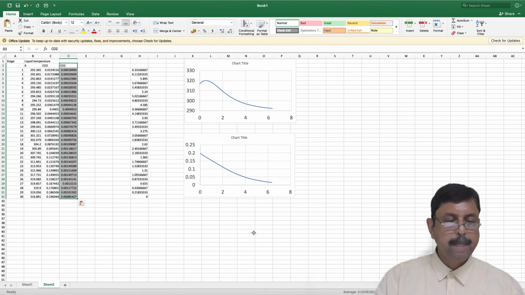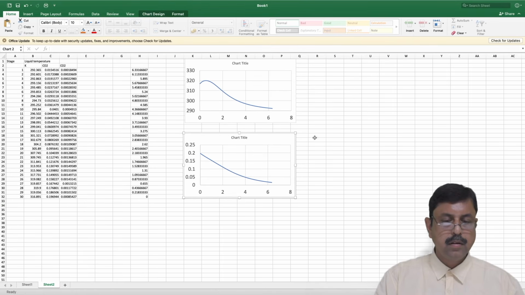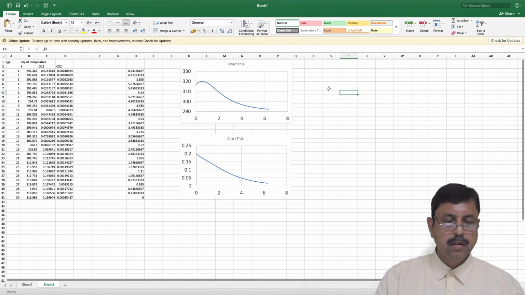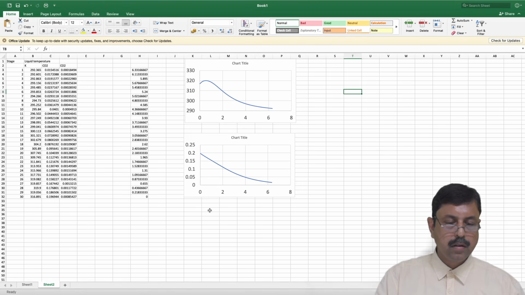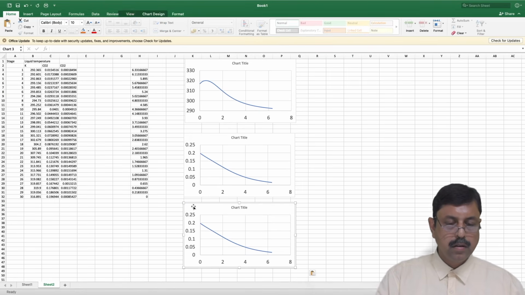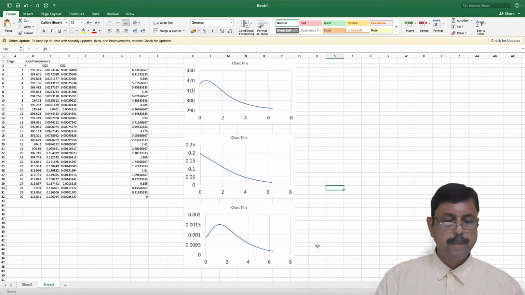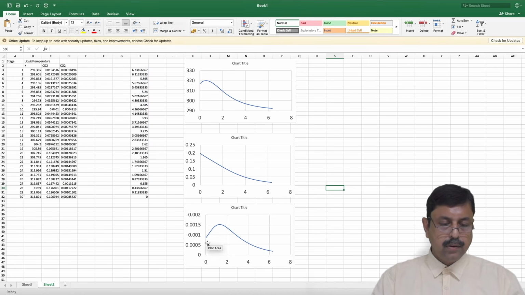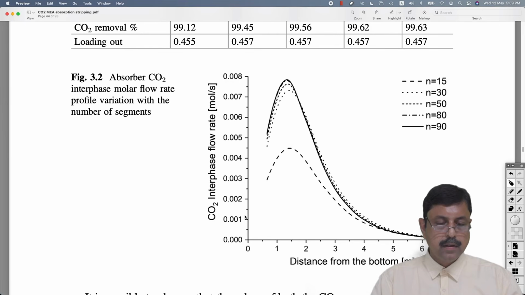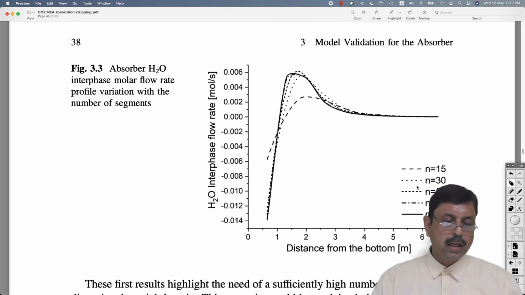Press. So instead of this one, write like this, yeah. So this is a bell-shaped curve. Trend is identical. This is the H2O interface flow rate.